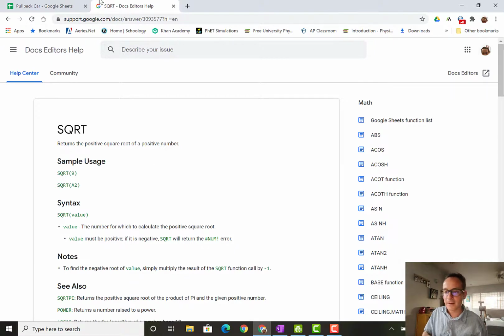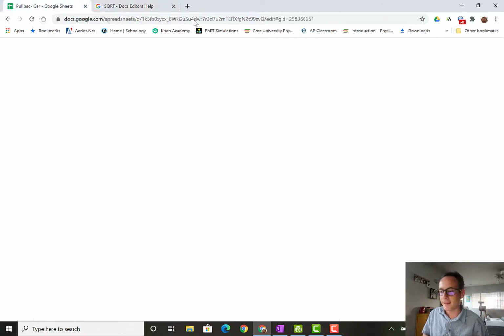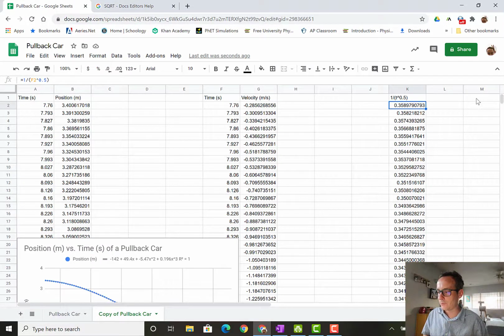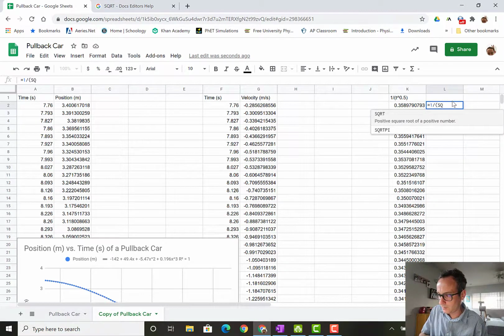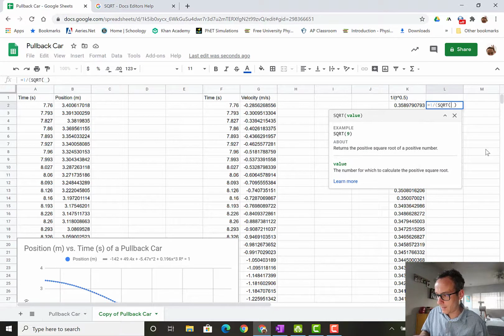Okay, so let's see if we can do that. SQRT, I can even copy that. And let's do that again over here. I'm going to do 1 over, so I'm just going to do the same operation. So equals 1 divided by, open parentheses, and I'll just copy it. Now I don't want to do 9 though. I want to do F2 again.